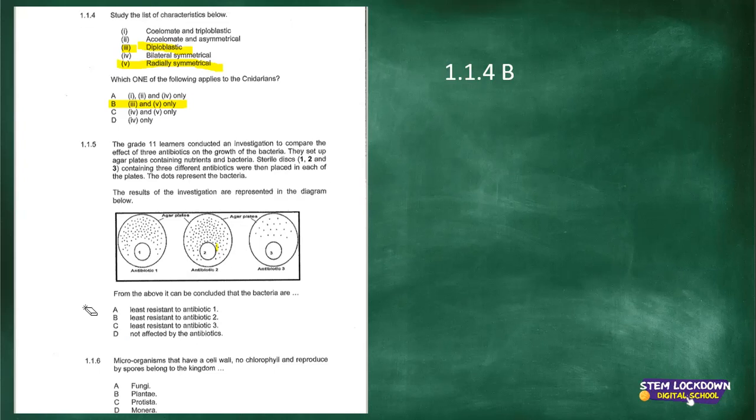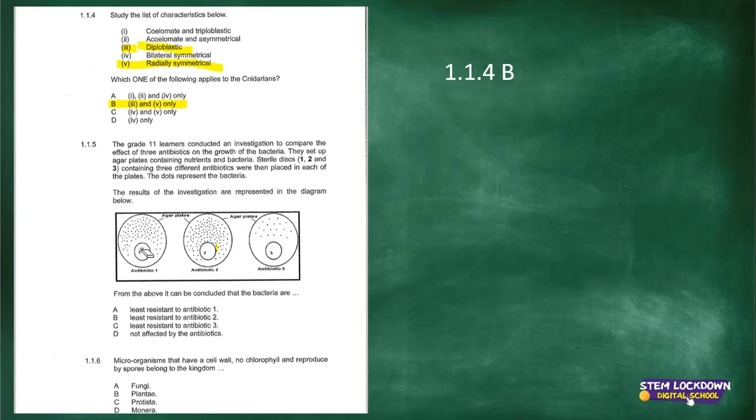least resistant to, okay, I've got 2 different answers there. Kuzwayo is saying A and Butle is saying C. Let us look at these things and analyze. Let's look at antibiotic 1. Look at this agar plate here, and they've put antibiotic 1 over here. But you see there are a lot of dots there, meaning these are the bacteria.